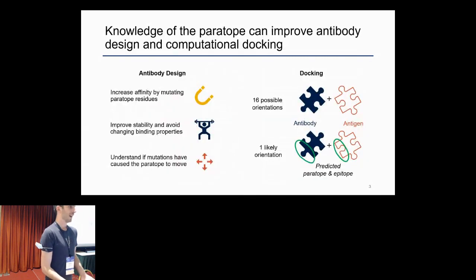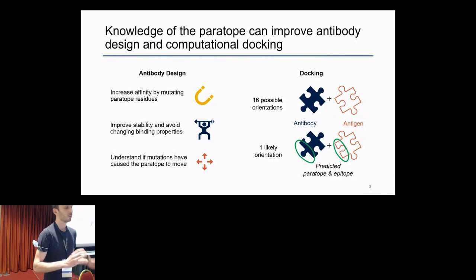So why do we actually care about predicting the paratope? There are a couple of main reasons. The first is antibody design, which can be split into different parts. One reason might be if we're trying to improve the affinity of antibody binding. If we're doing that, then we want to be mutating the residues that actually form contact with the antigen, so we want to mutate the paratope residues.